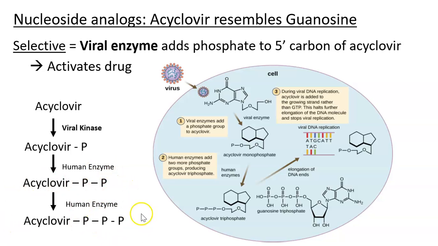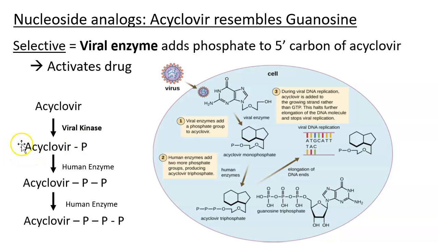And this thing, remember, it has that G nucleotide base on it, but now we've got our 3 phosphates and half of that sugar. So now you've got an active drug, and it's only going to really be found in high concentration in cells that are infected with the virus, where they're actually producing that viral kinase enzyme right there.